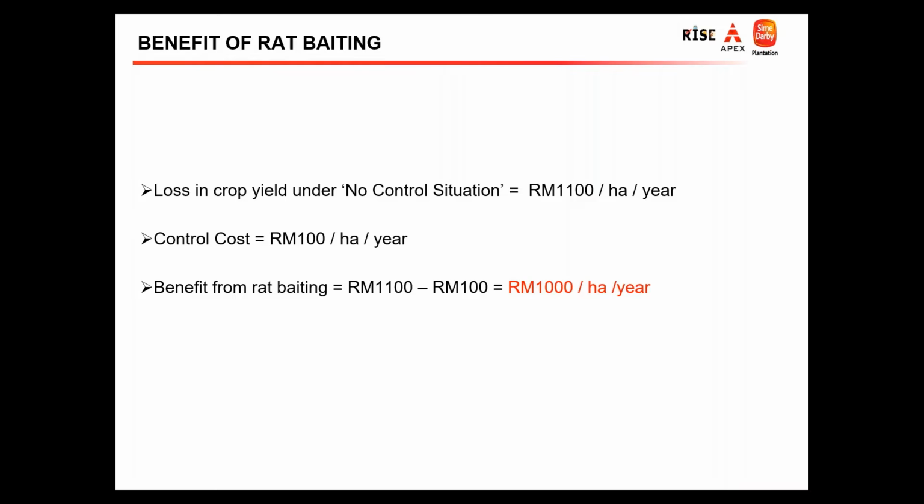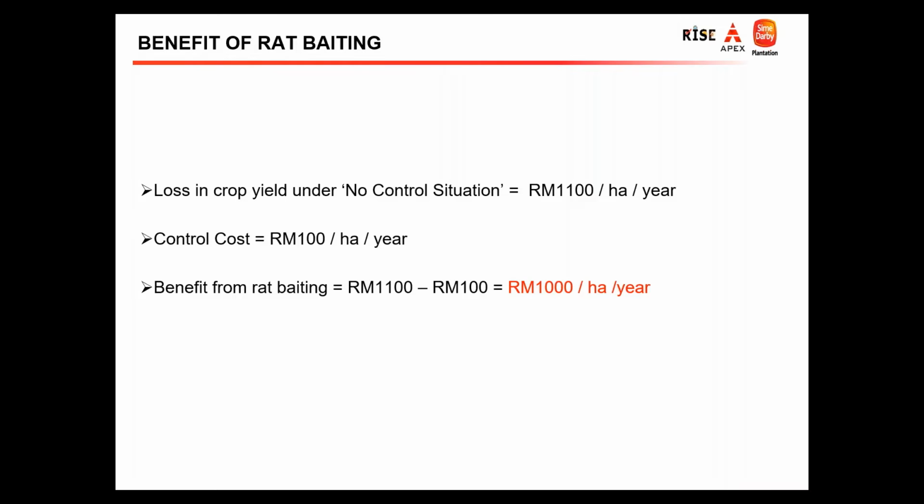If you're taking one bait at 10 cents, for 500 baits, five rounds, it only costs you about 75 ringgit per hectare per year. So in a very worst case scenario, your material cost will be only about 150 ringgit per hectare per year, enough for 10 solid rounds at 100%.